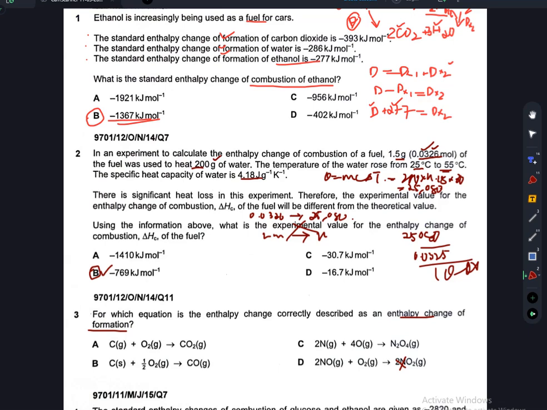So you ignore D first of all. Carbon in its normal physical state is solid, to form 1 mole of a compound.